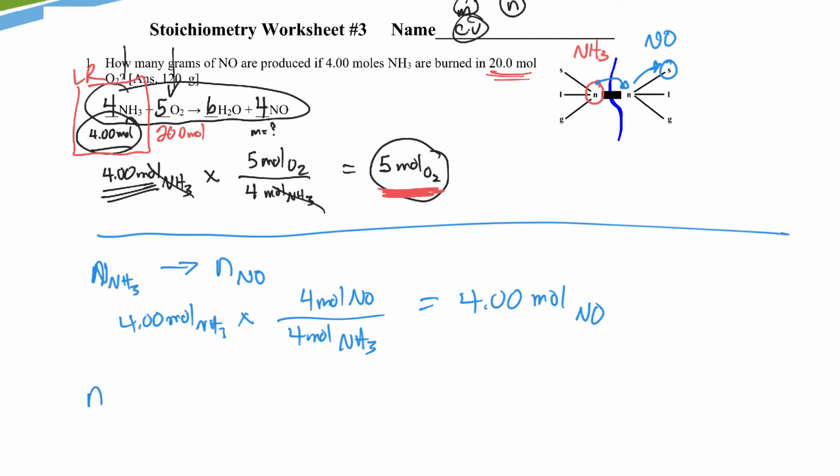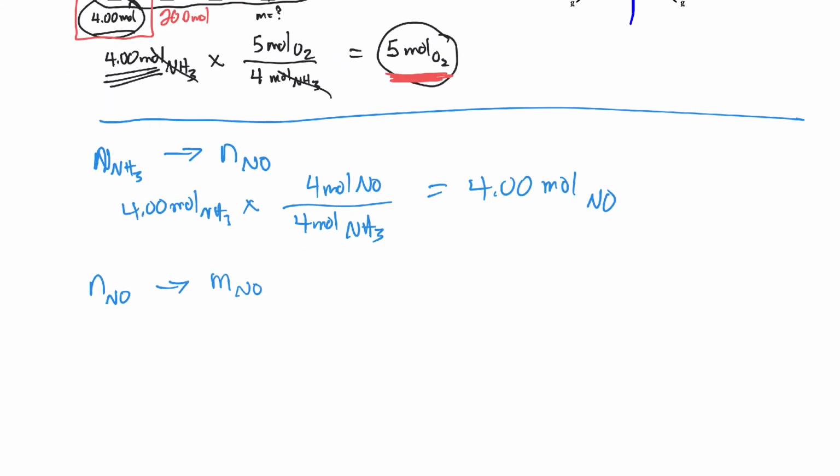So I'm going to take my moles of nitrogen oxide and I'll convert that to mass of nitrogen oxide. Okay, here's my formula, mass over molar mass. So, oh no, yeah, I'm looking for mass. Mass is equal to moles times molar mass. The moles are 4 moles times the molar mass of nitrogen oxide.